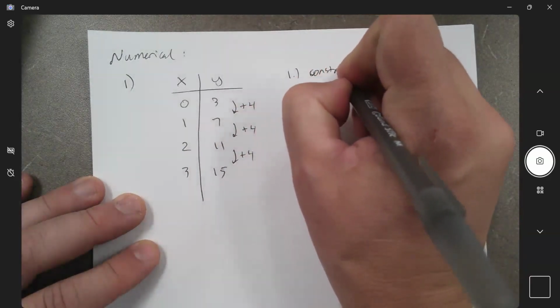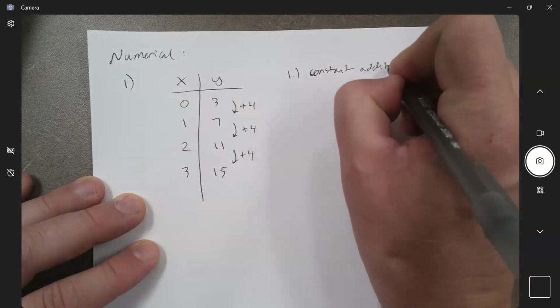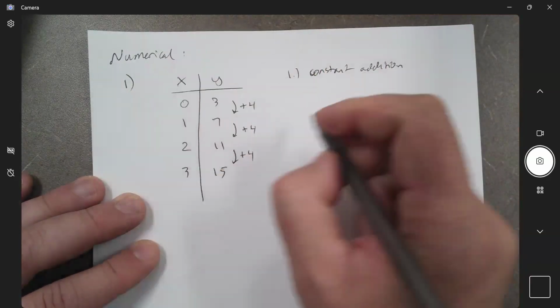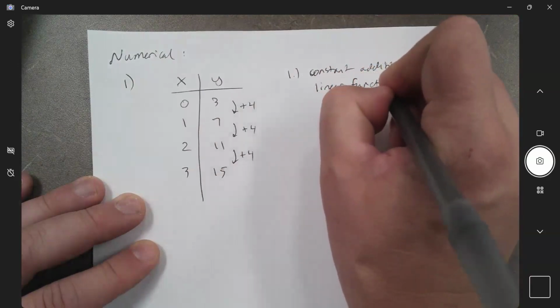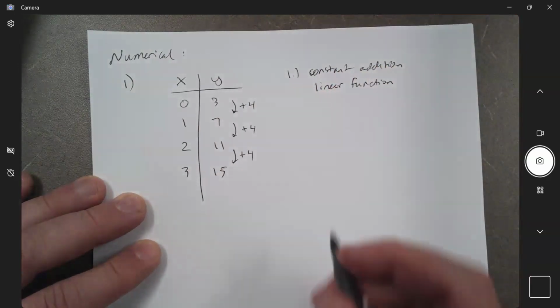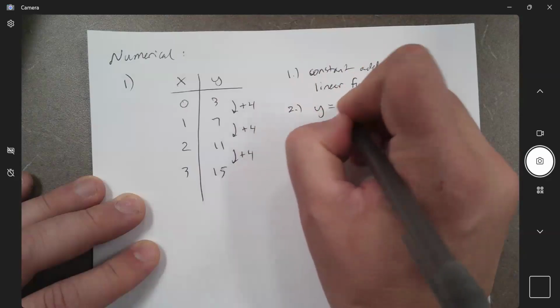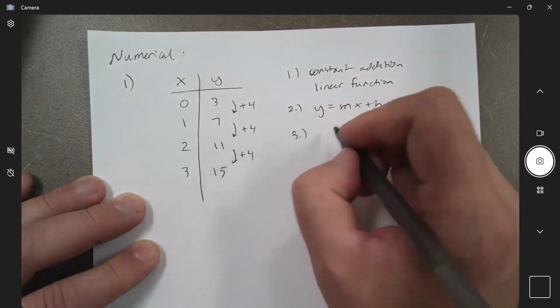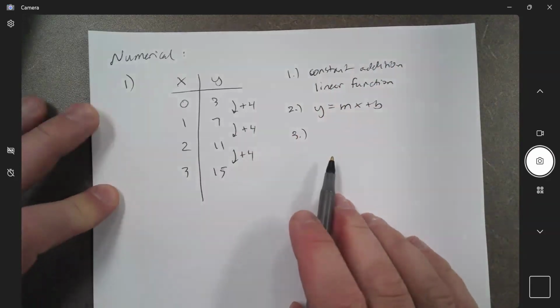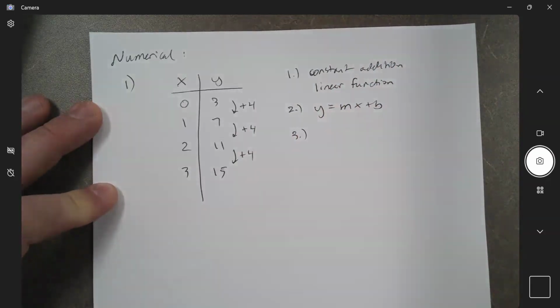Constant addition, linear function. So let's remind ourselves it's y equals mx plus b. Like I said, sometimes you might end up doing some of this in your head.